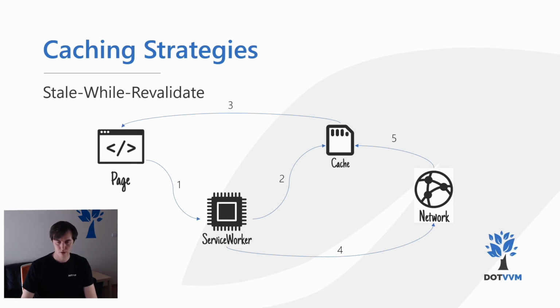So we'll take a look at this. This has a lot of advantages because usually it makes your application faster, because you get the file served directly from the cache and it updates in the background. So there is not much risk of the file being outdated.